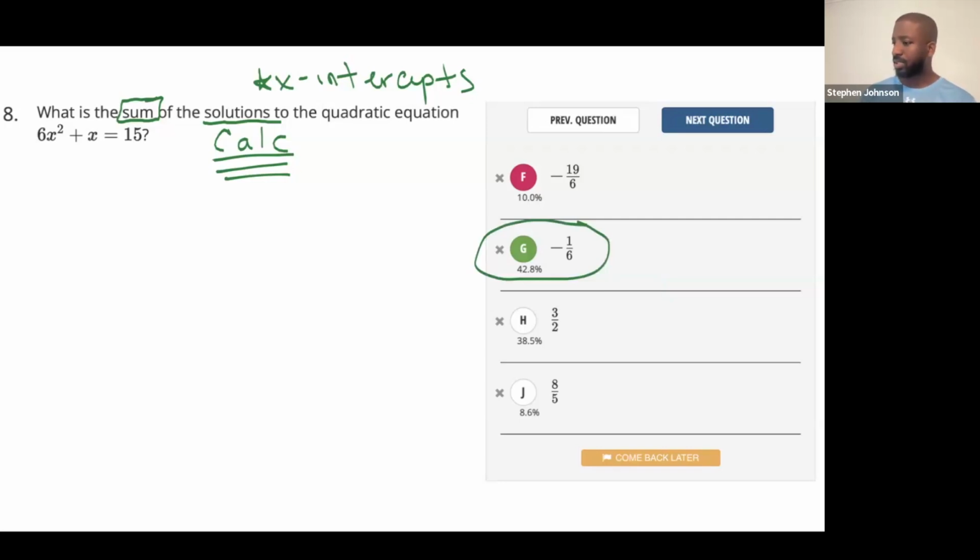All right. So then let's see. Do I want to show you this? Let me just go ahead and show you this. So if I were to set this to 0, 6x squared plus x minus 15 equals 0, and then find where the x-intercepts are, basically where x values make this equal to 0, I can do this one pretty quickly. 6 times 15 is 90.